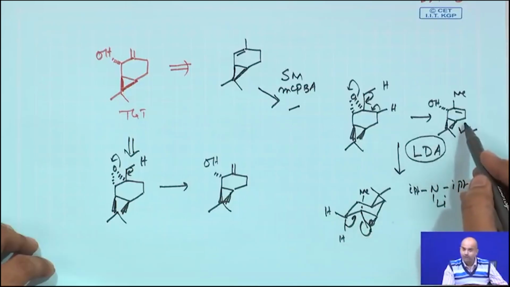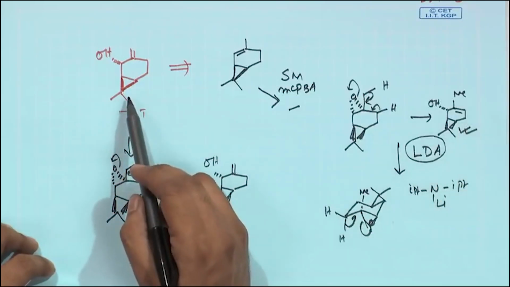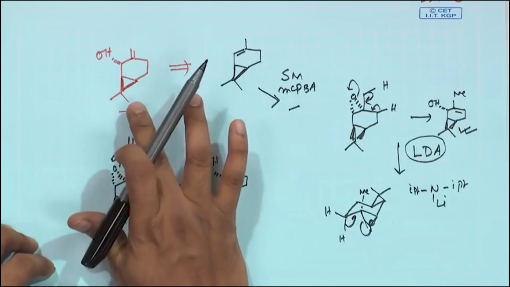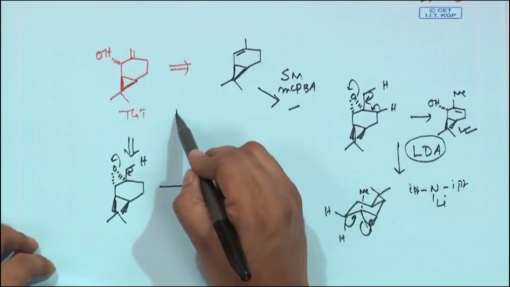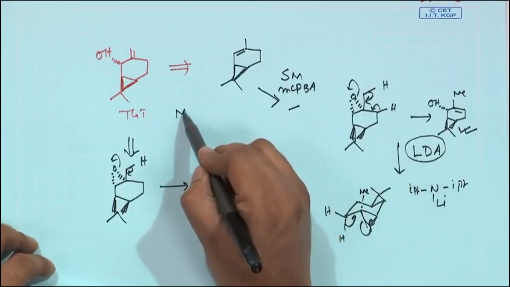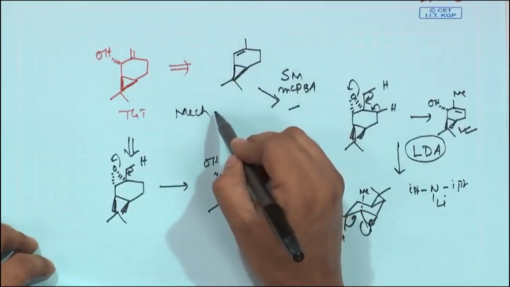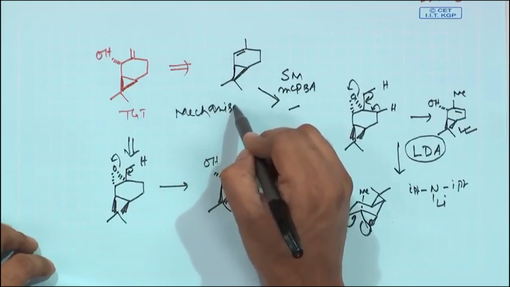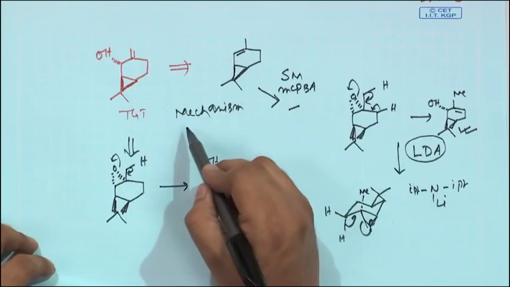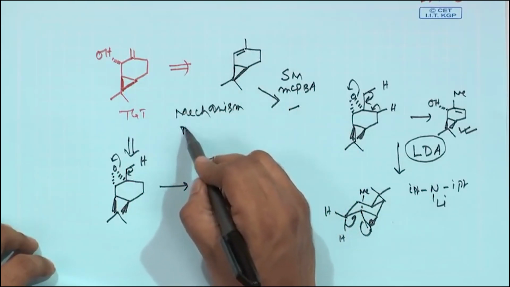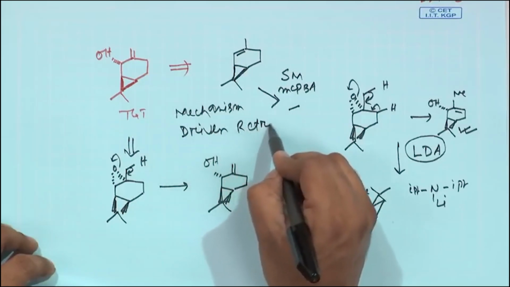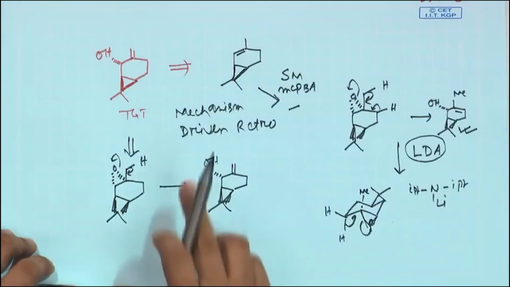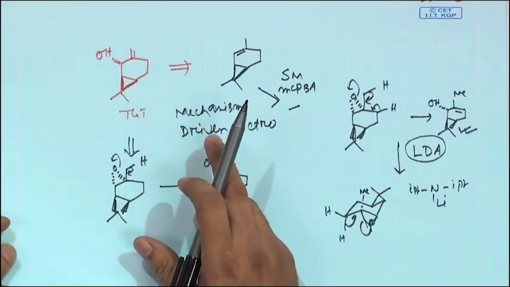So, this product also might be formed, but as we did not observe it here, as the target is having this structure, we formulate that this mechanism operates, where a methyl hydrogen was removed by this. So, it is basically a mechanism-driven retro, and in many cases, depending on the mechanism or the pathway, we can explain how this retro might be possible.